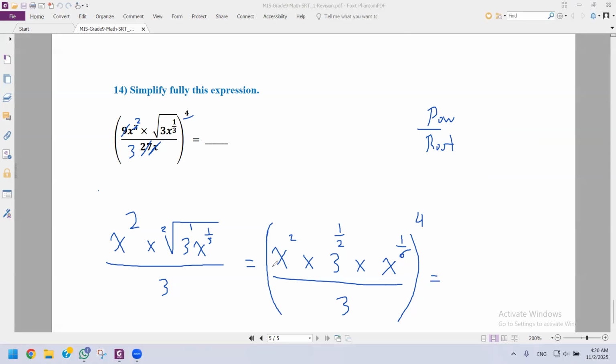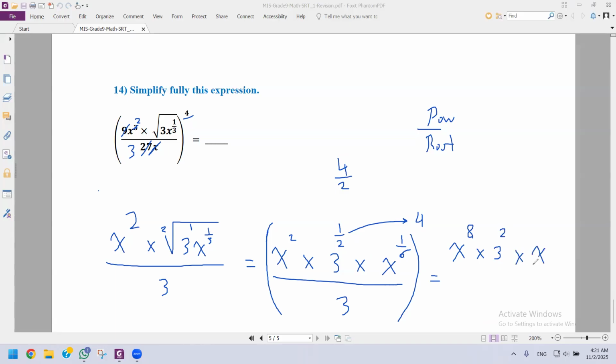The first one, x power 2 power 4, which is x power 8. Now, 3 power 1 over 2 power 4. We multiply the powers. What is 1 over 2 times 4? It's 4 over 2. 4 divided by 2 is 2. So times 3 power 2.